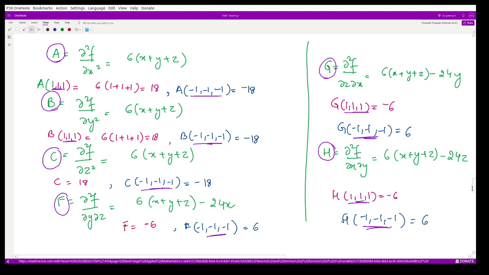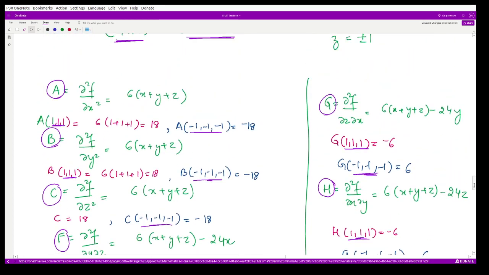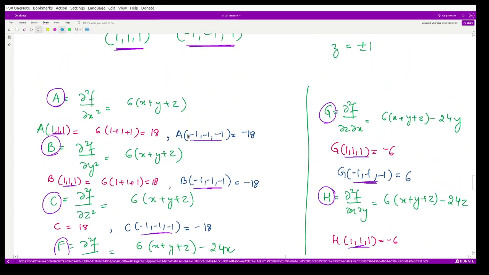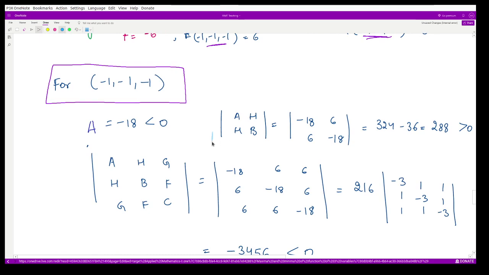So once you have these values we'll proceed firstly for the point -1, -1, -1. Here you see what is your a value. Your a value in this case is -18. So a is negative here, and the second order determinant comes out to be a positive quantity. The third order determinant is this one.